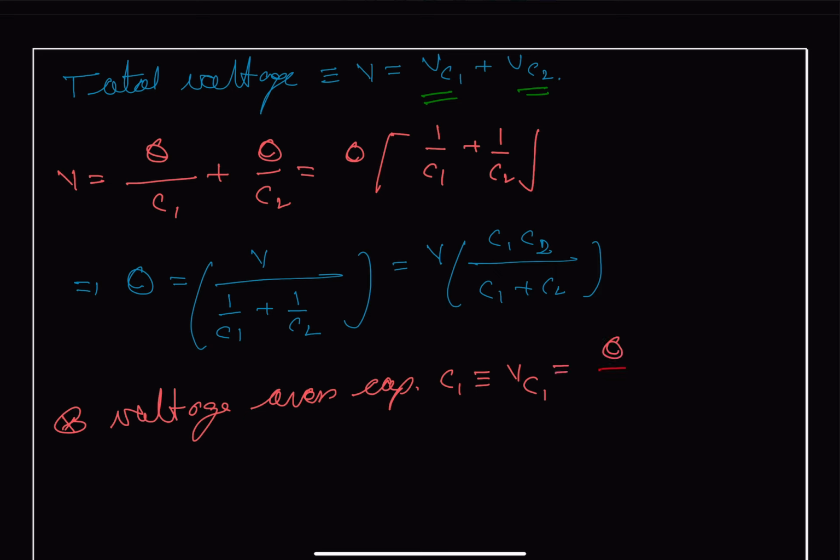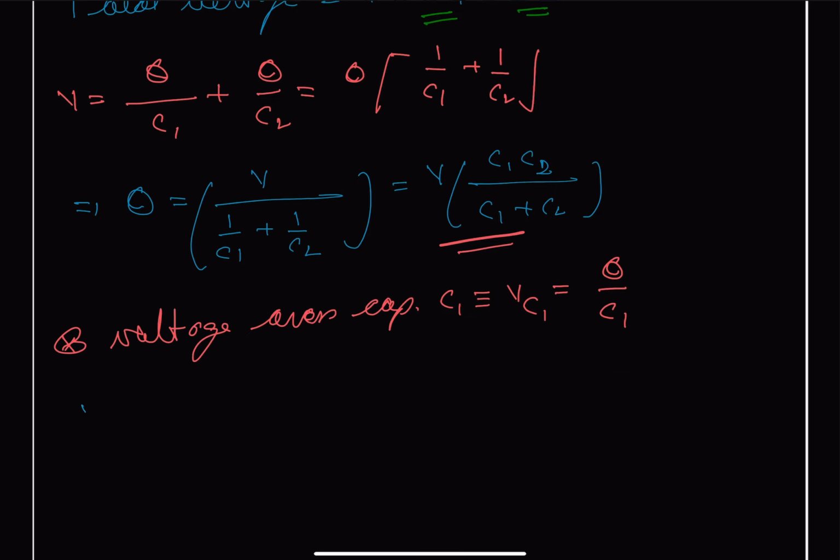Q we just found out, we substitute the value, so we get VC1 is equal to 1 upon C1 times V times C1 C2 upon C1 plus C2. Here C1 and C1 cancel out, so we get VC1 will be equal to C2 upon C1 plus C2 times V.